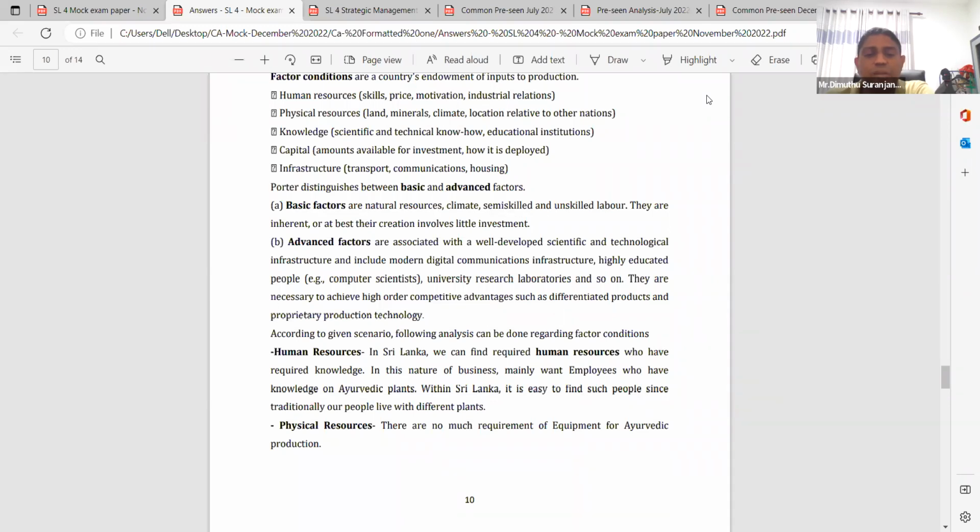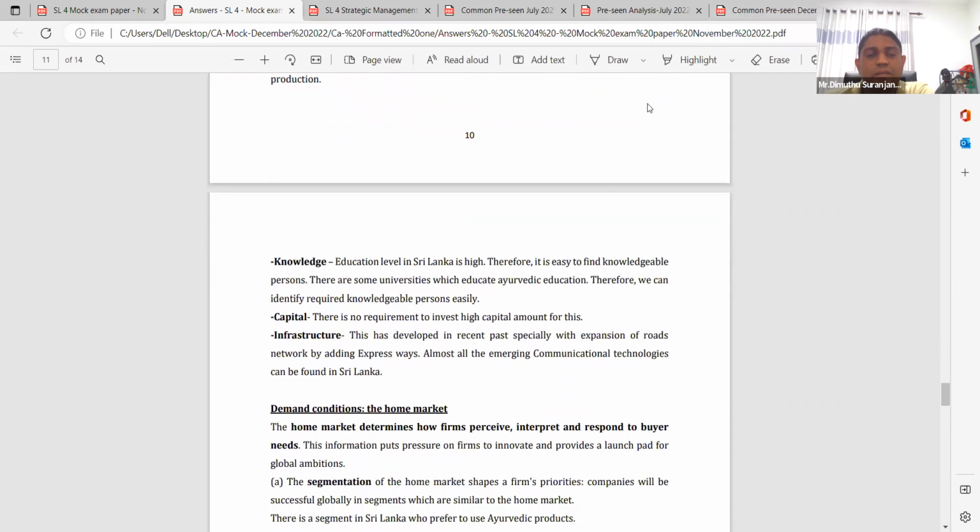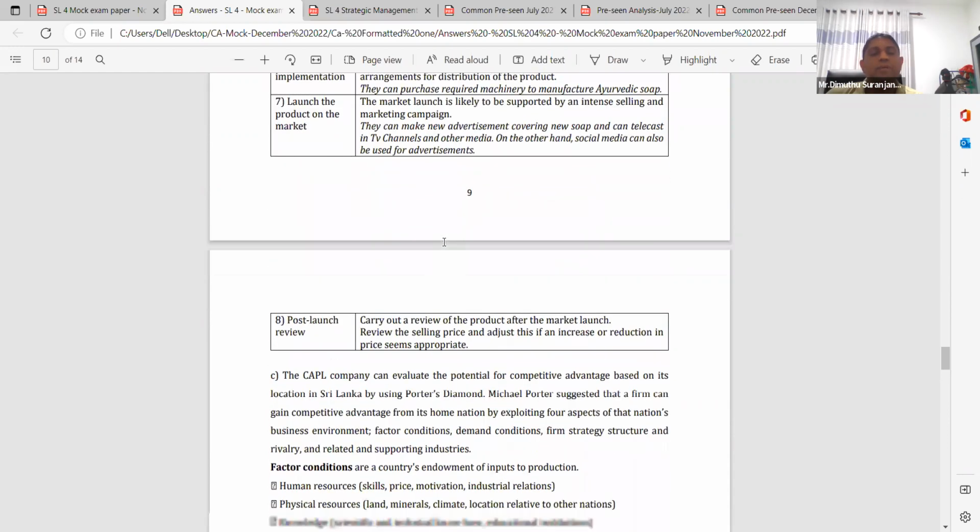Many people have some good idea of Ayurvedic plants, especially the people in the villages, they know that. Therefore it is very easy to find the required resources. Then there are some research facilities available here. Knowledge of the people is very high. There are some universities that create Ayurvedic graduates. So most of the required factors are available in Sri Lanka.